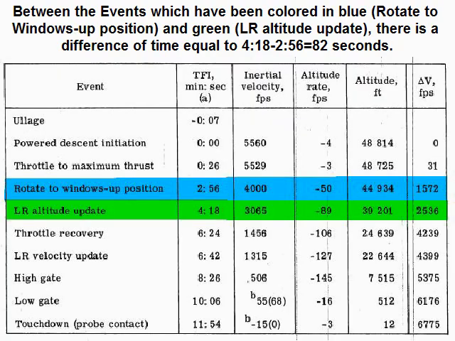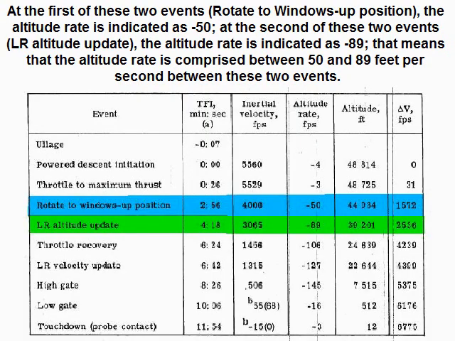Between the events which have been colored in blue, rotate to windows up position, and green, altitude update, there is a difference of time equal to 4 minutes 18 minus 2 minutes 56 equals 82 seconds. At the first of these two events, rotate to windows up position, the altitude rate is indicated as minus 50.